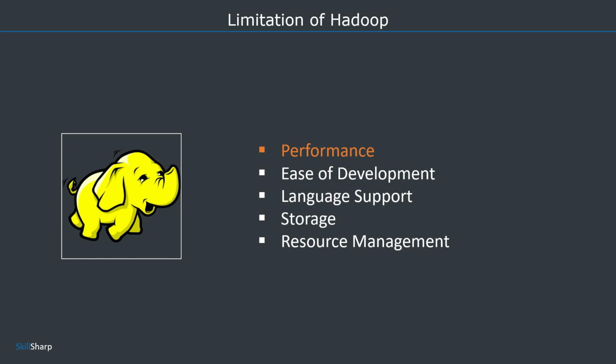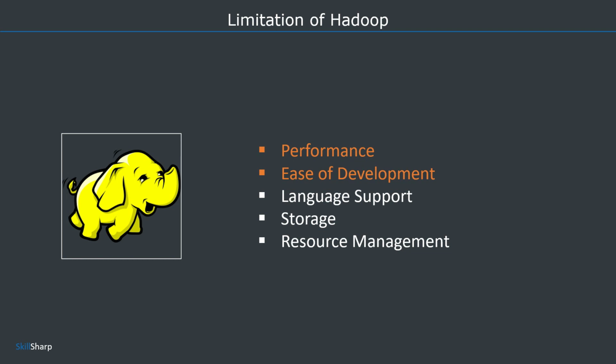Hadoop uses MapReduce to process the data, and in MapReduce, it reads the data from the disk of the specific node or worker of that cluster, processes the data, and writes the data again to the disk. That is another overhead, which directly impacts performance, to serialize and deserialize the data.